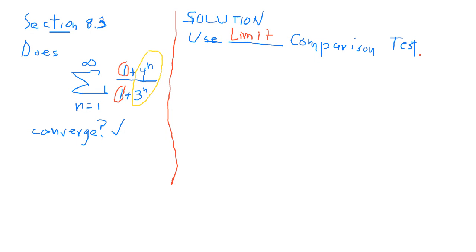So we're going to let a sub n be 1 plus 4 to the nth power divided by 1 plus 3 to the nth power. That's from our series here. That's the terms of our series.